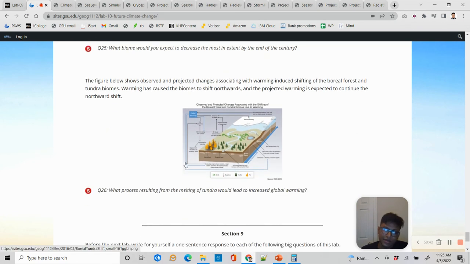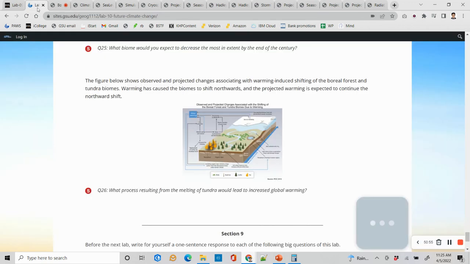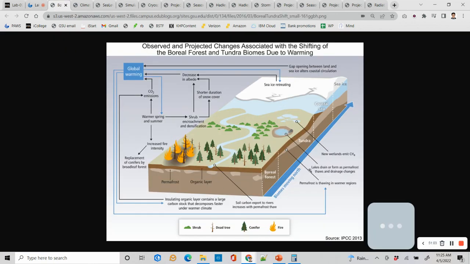And then the final one: what processes resulting from the melting of tundra would lead to increased global warming? Go through this depiction. Lots of things are discussed here, but you don't need to go through all of it, because the question is asking about the melting of tundra. So look out for tundra. Here's tundra.